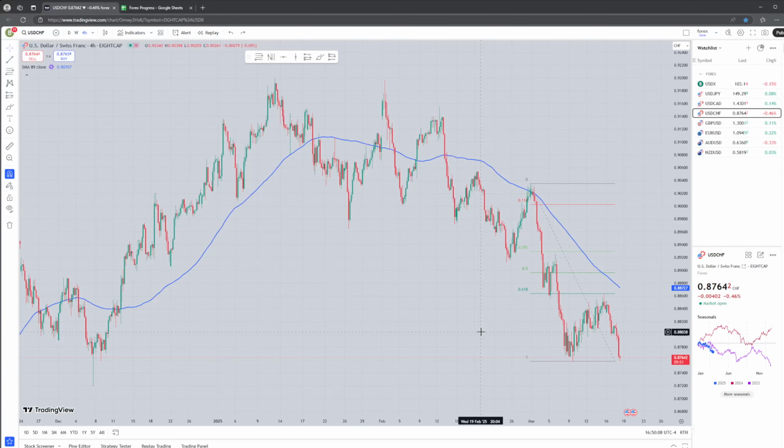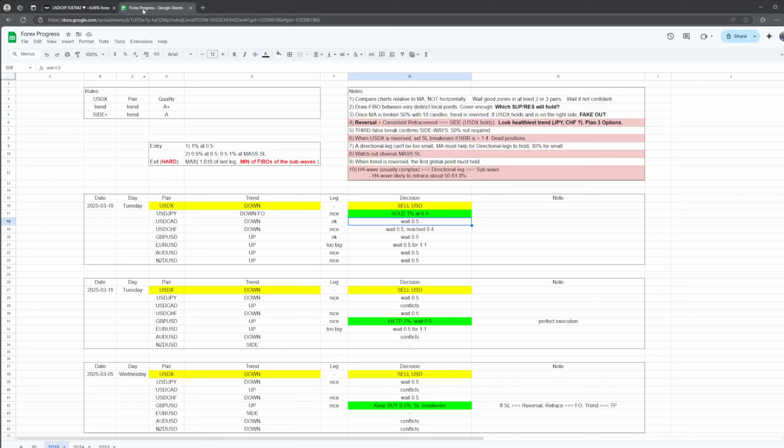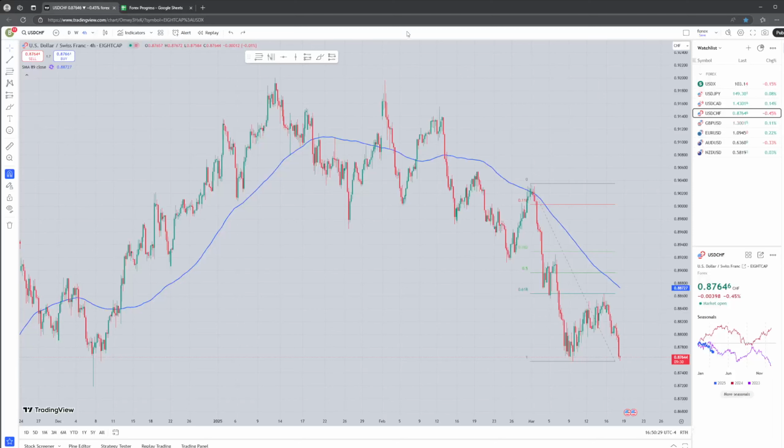So right now the market is not in a good zone, so it's better to wait. So USD Swiss franc, trend is down, leg size is okay, and our decision is to wait. If the market somehow retraces to the 50% zone, then it would be good to sell USD Swiss franc.